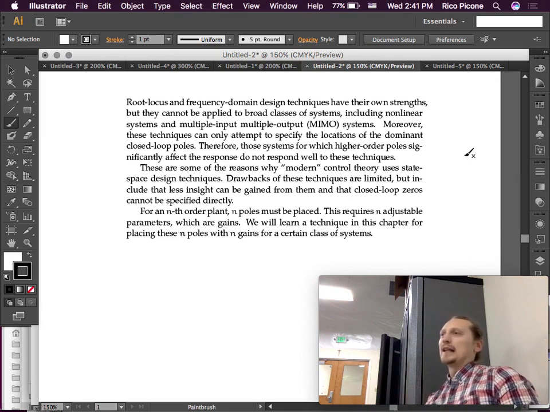We're going to have n gains in our controller. So instead of having PID gains, 3 gains to adjust, we're going to have n, the system order. If it's a 4th order system, we'll have 4 gains to adjust. We won't do much of any of that by hand, however. It will be done automatically to place those poles in certain locations. So that's what we're doing.